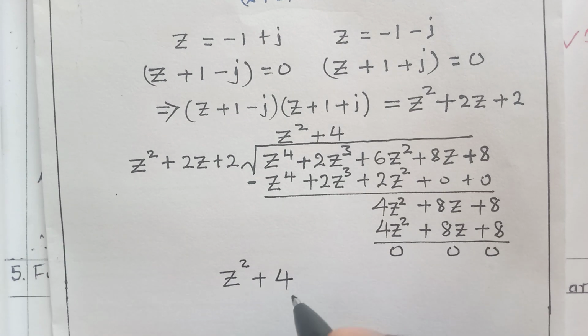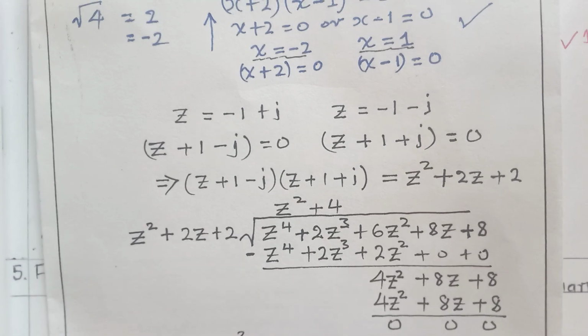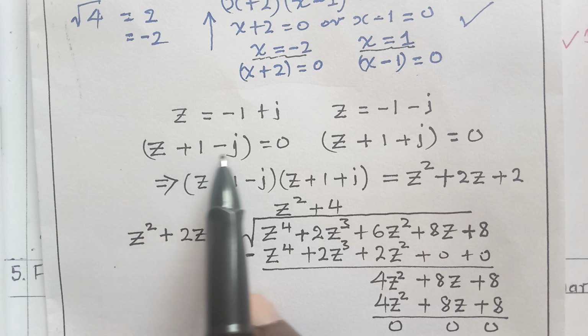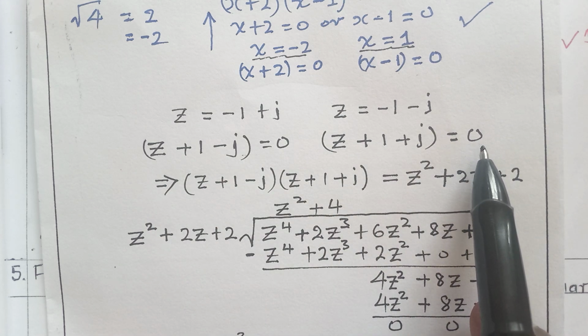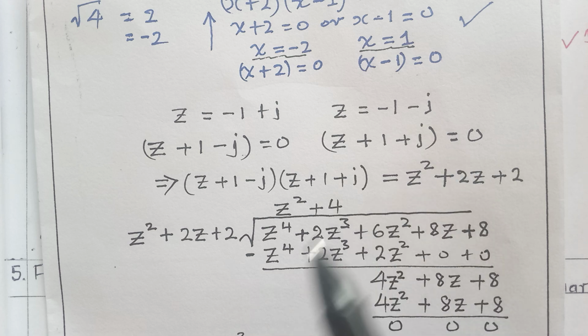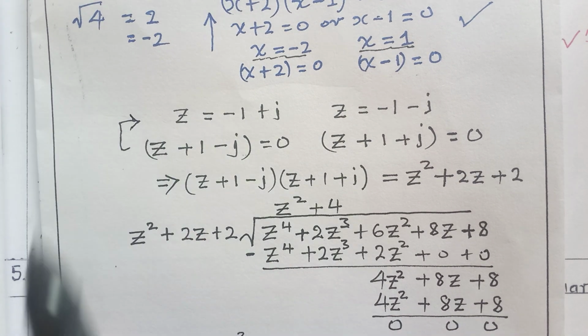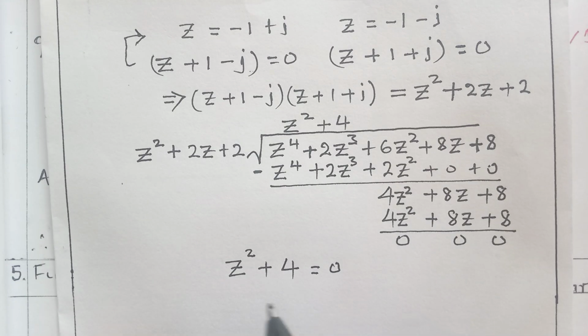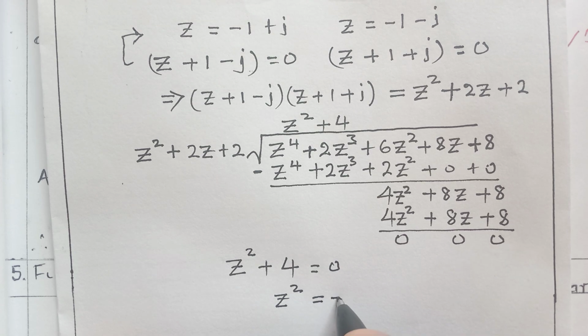Now this one is equal to 0. Just as we had put our factors equal to 0, the same case, you are going to put it equal to 0. So that now we shall climb up to get our z. So our z squared is equal to -4.